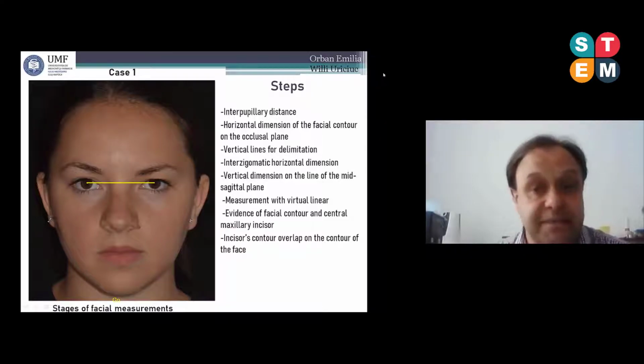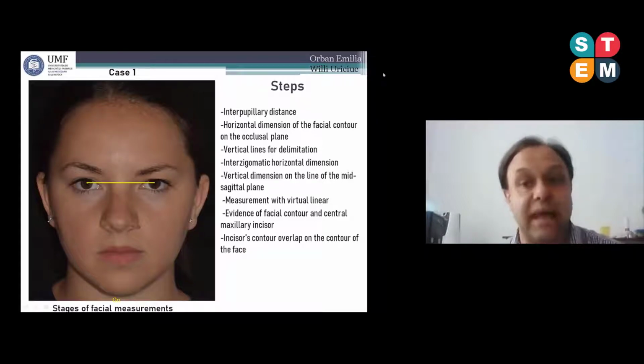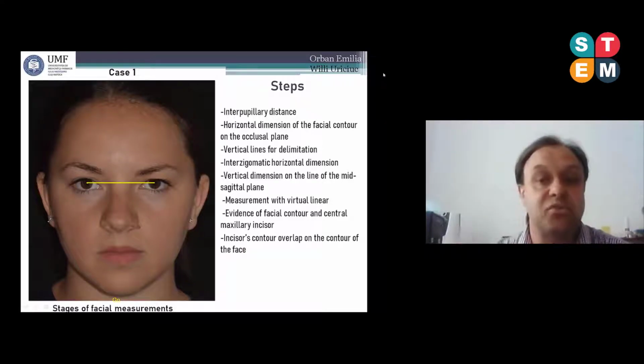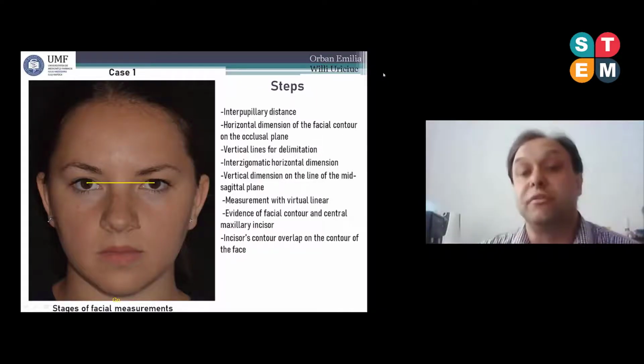This is the first case, and I will show you the steps. What are the steps to make a dental reconstruction of the frontal group with repairs that we acquire on the face?